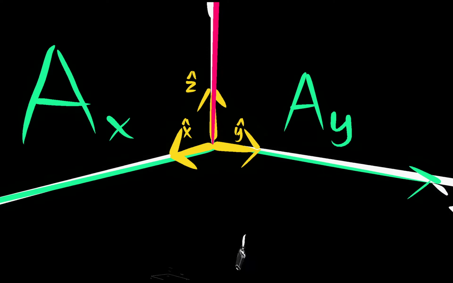So by definition, we are defining x hat to be one unit in this direction. So whatever the length here is, physically, we're calling that 1, just like we call whatever the length of a meter stick 1 meter. And we're calling this length 1 in the y direction, and this 1 length in the z direction.